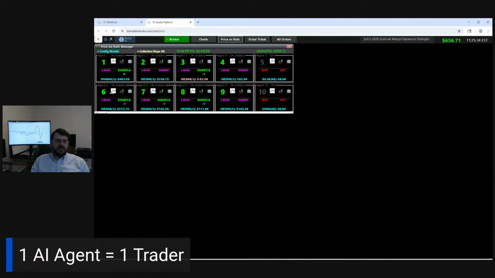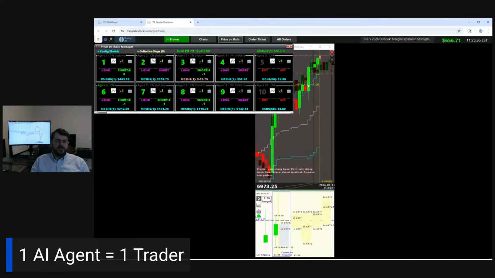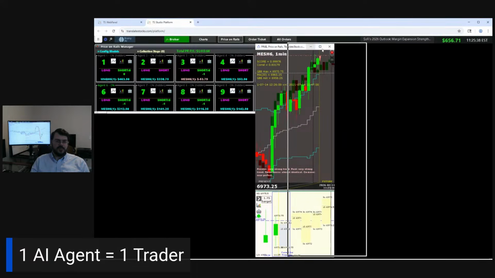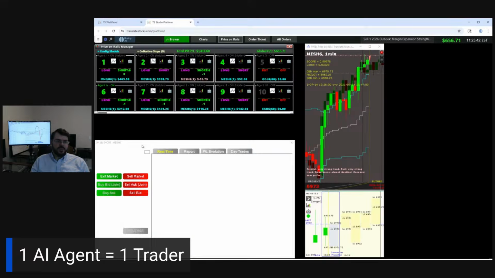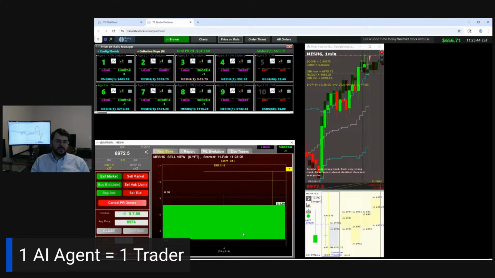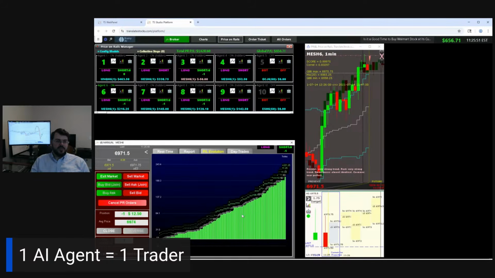And we have the same for agent number 6. Agent number 6 started the trade right now as well. So this is the expected take profit, $15. This is the evolution of agent number 6. Agent number 6 didn't lose today.